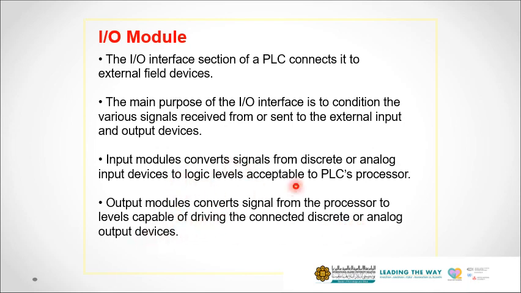So one of the main jobs of the I/O modules is that whatever signal you have in the outside world, you convert it to a level that the PLC processor can handle. Similarly, the PLC signal level should be converted to a certain level that output devices can handle. So this is one of the main jobs of the I/O module of the PLC.